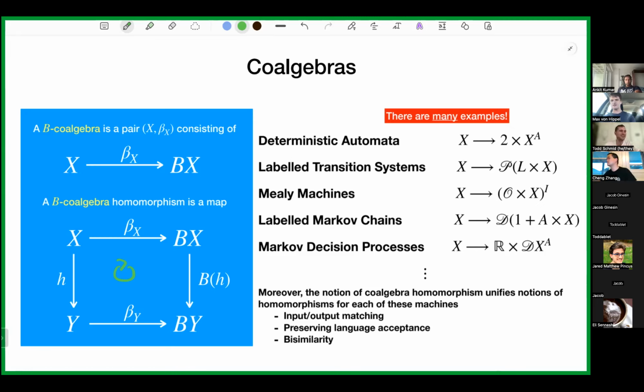Yeah, so there's a whole body of literature, a whole research program on capturing all these different notions of behavioral equivalence coalgebraically like this. So you have to basically change the category of sets to other categories. You have to add structure.